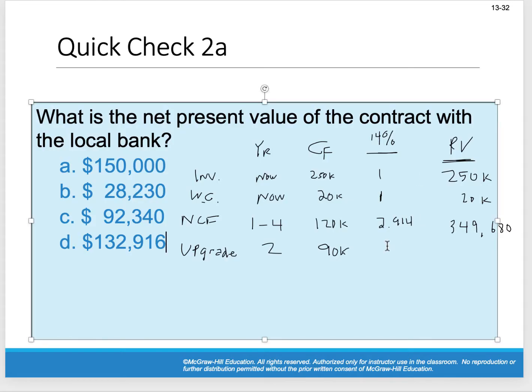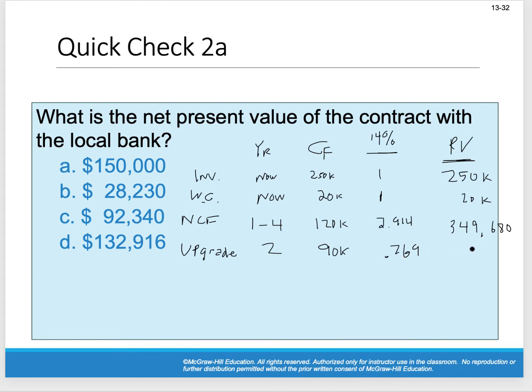So right in here, I am going to put in my factor of 0.769, and I multiply 90,000 by 0.769.